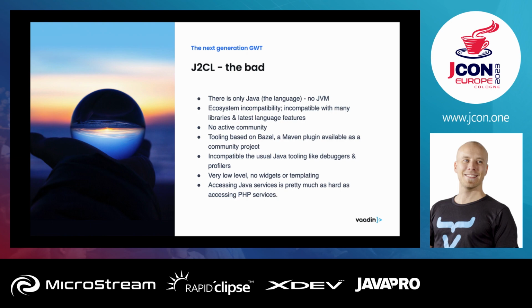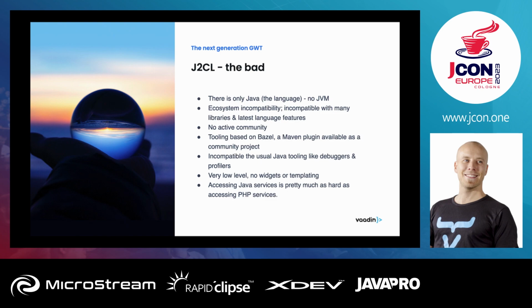The bad part is that it's not Java ecosystem compatible anymore. It's not running in the JVM. So it's incompatible with a lot of libraries. Only part of your Java code actually compiles with J2CL. So for example, reflection is out of the game. It's very hard to implement for this kind of system.